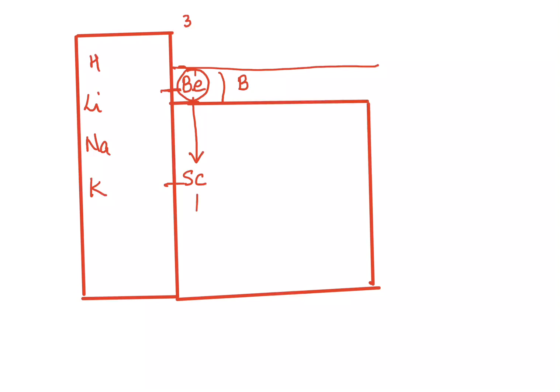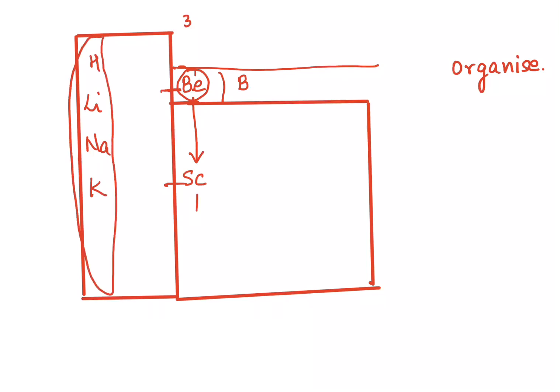If they stick to their rules, then it will be a problem, because the whole purpose of having the periodic table is to organize. We want to have elements which have similar chemical properties under one column, right?